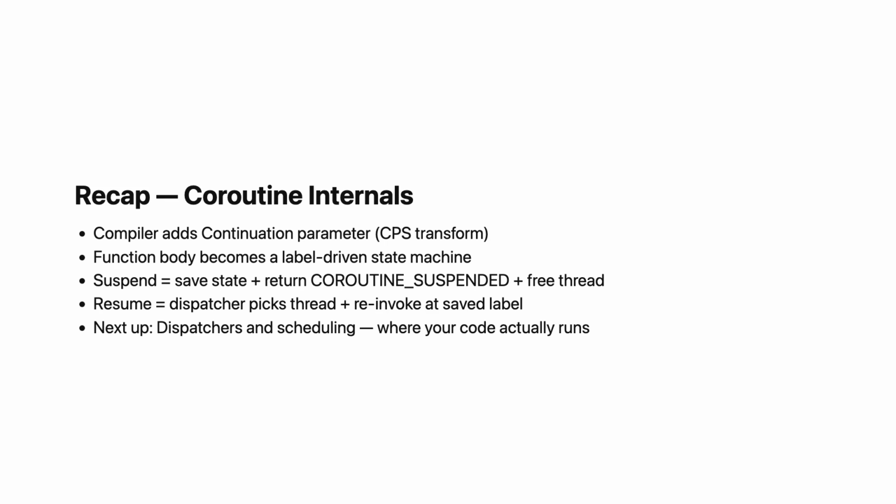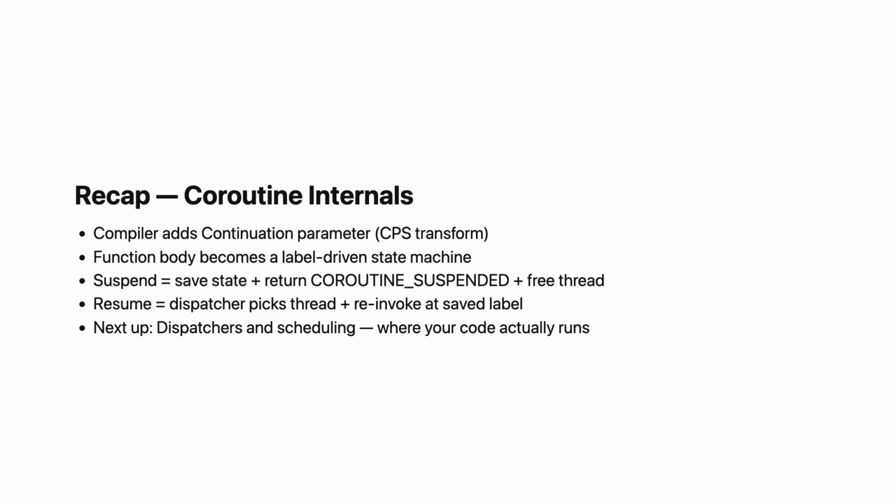When it resumes, the dispatcher schedules it on an available thread, and the state machine picks up from the saved label. Coroutines are lightweight because they are just heap objects, not OS threads. No kernel involvement, no megabyte stacks. You can decompile any suspend function in Android Studio to see the generated state machine.